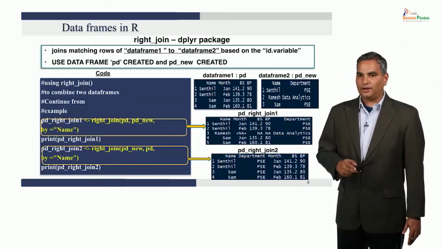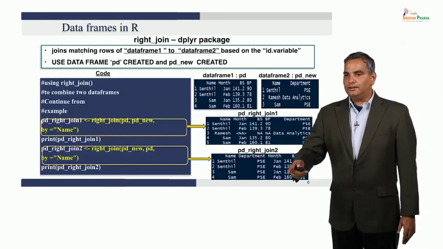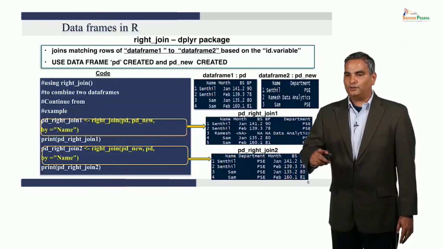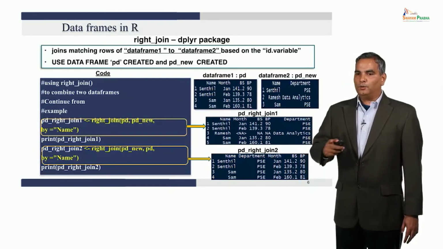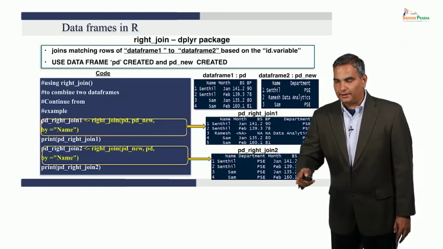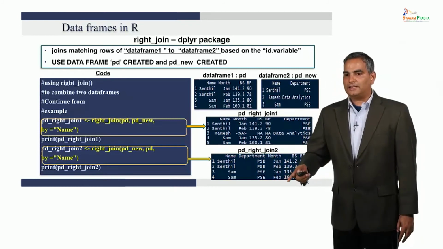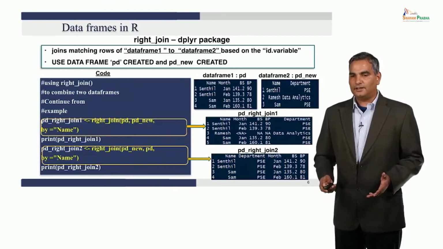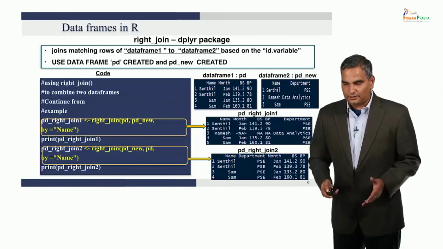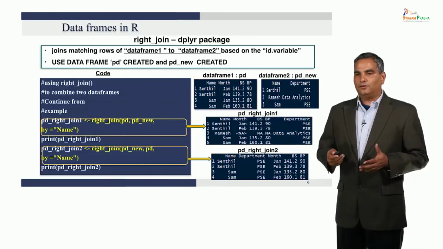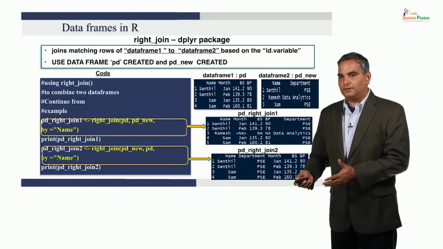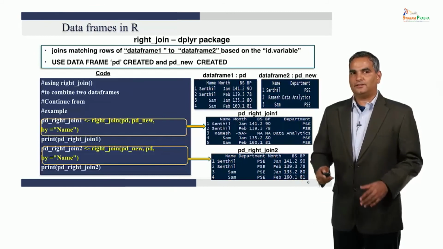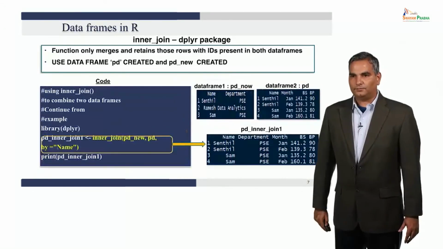So when I do right join with PD new, you see Ramesh is still retained, because it's a different order than before, but it is right join, so the reference is PD new. And when I do right join with PD new and PD, since PD is the reference, Ramesh is left out. It's very similar to left join. So you have to be careful about the order in which you are joining the references. When a particular reference is chosen, if there is no information available, it is marked not available. But in the original referencing, if that entry was not there, then it is left out. That's the basic idea behind right join and left join.